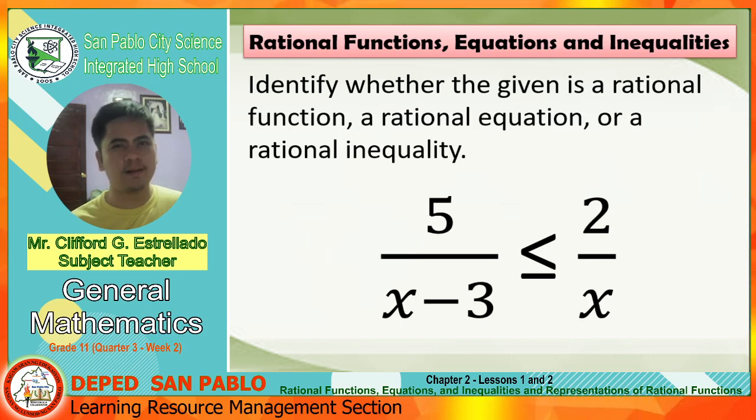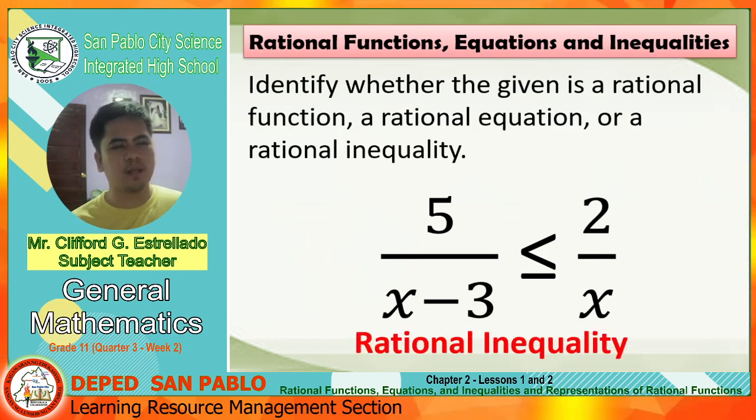Okay, it is a rational inequality because of the symbol that we have, less than or equal. So on the left side of the inequality, we have 5 over x minus 3, so it is a rational expression. And on the right side of our inequality, we have 2 over x, which is also a rational expression.